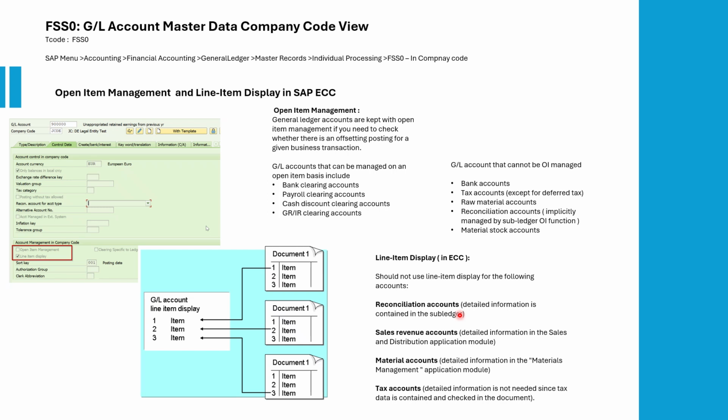In ECC we have to be very careful about which kinds of accounts we put in line item display, because then they will be saved in your GL account line item tables, and then we need to archive them. But in S4, with ACDOCA and the HANA database architecture coming into the picture, line item display is automatic.